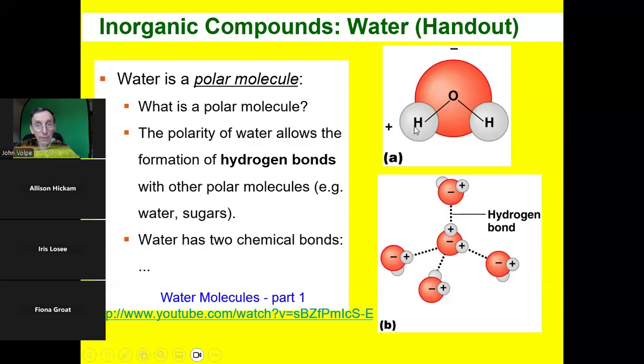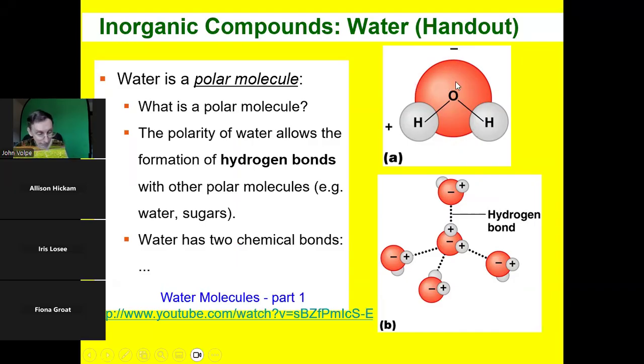You'll note that water is 2 hydrogens chemically bound in a molecule, a covalent chemical bond to oxygen. But water is a polar molecule. It has a partial positive charge on the hydrogen, and this one too, and a partial negative charge on the oxygen.